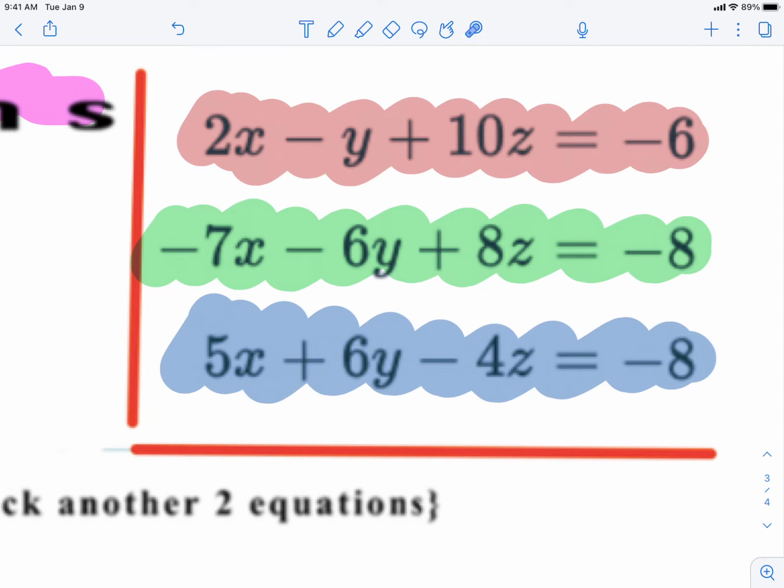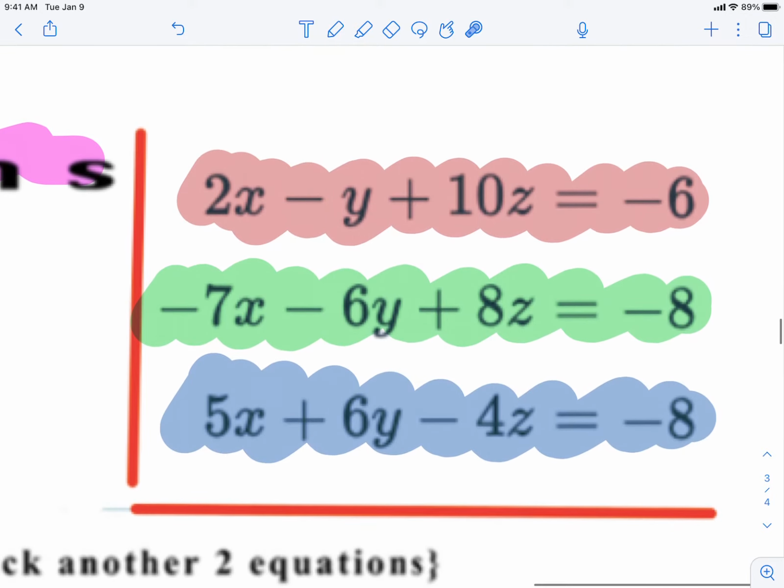So I'm close here, as you notice with the y's. This is negative y, negative 6y, and positive 6y. So if I make this a negative 6y, it'll be two negatives and one positive. That works. Or if I make it a positive 6y, it'll be two positives and one negative. That works.